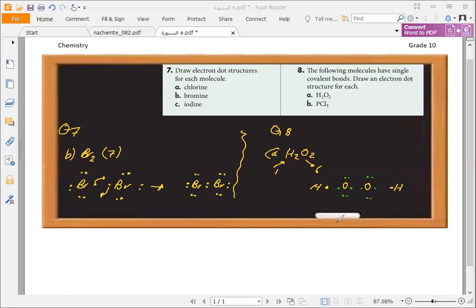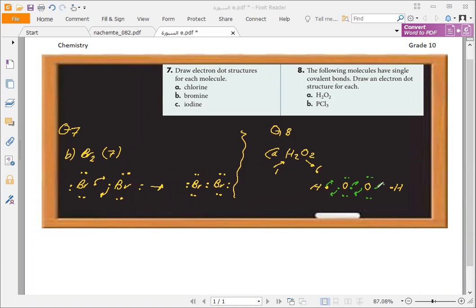Now, hydrogen needs 1 electron, oxygen offers 1 electron, and here oxygen offers 1 electron for the other hydrogen. Oxygen still needs 1 electron to be octet, so it offers 1 electron to the second oxygen atom, and the second oxygen offers 1 electron for it.